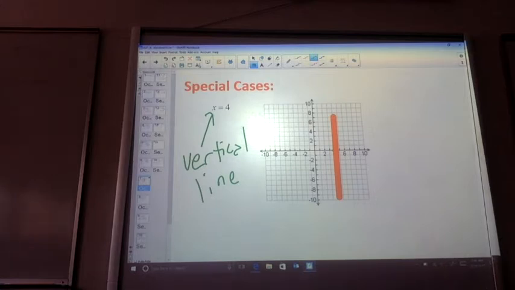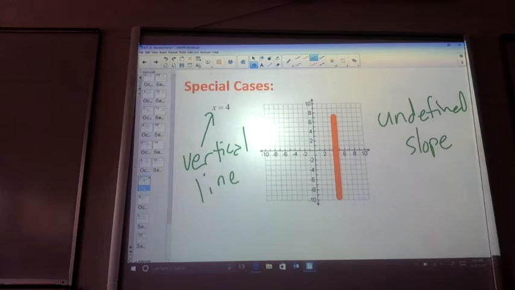Is this increasing or decreasing? Trick question. Neither. So this type of line, a vertical line, has an undefined slope.